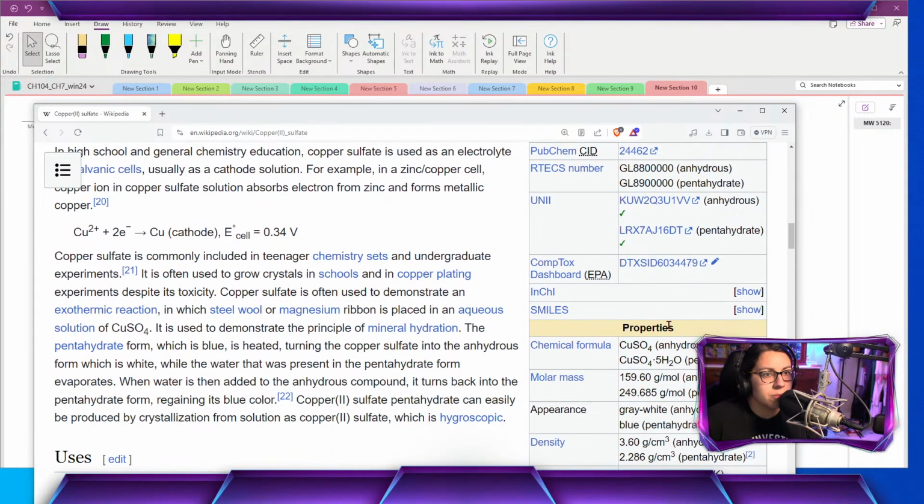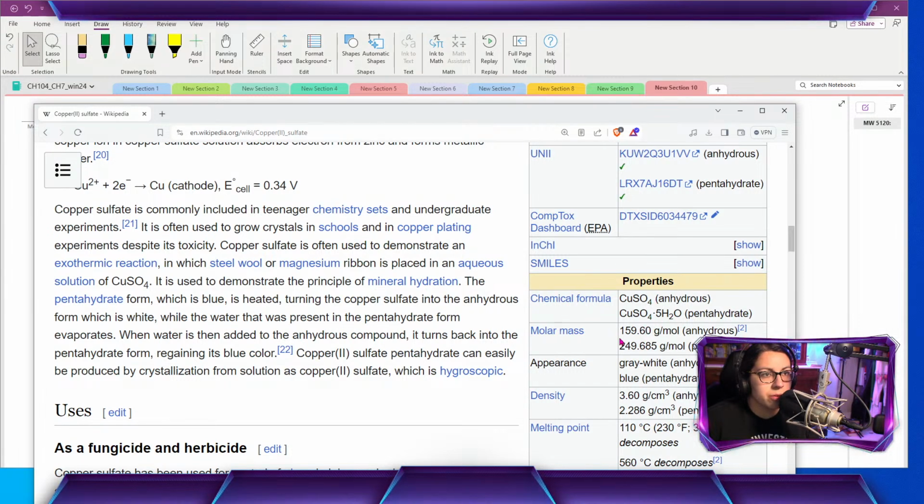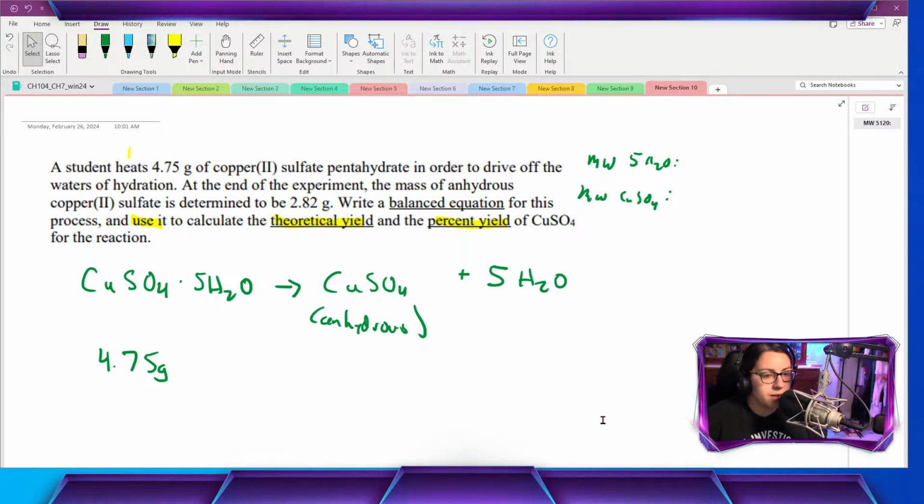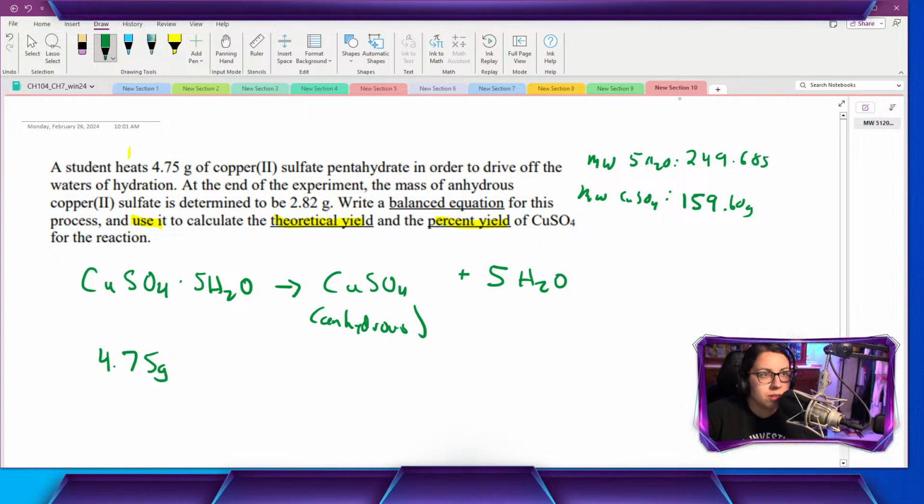Make sure you look at the molecular weight. That gives you both the anhydrous and the pentahydrate. If you added it up by hand, just double check that you had the right numbers, although I didn't really see anybody having that as the issue, at least among the ones that I graded. So 159.60 grams per mole for the anhydrous, and then the pentahydrate is 249.685.